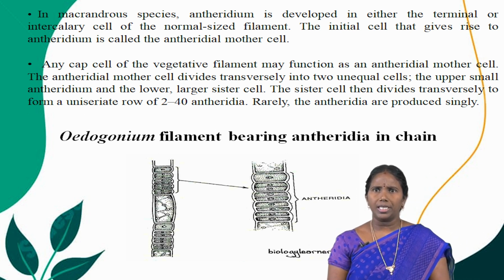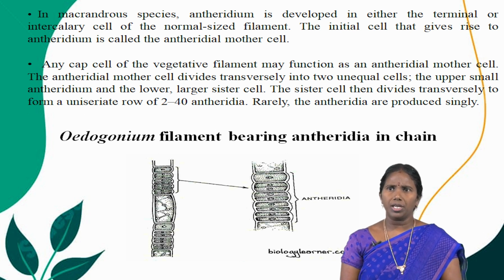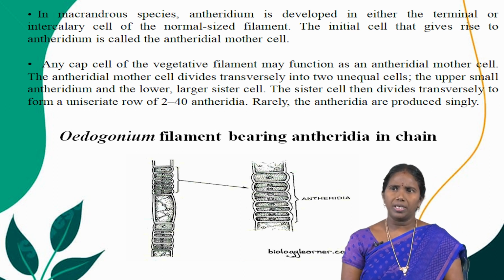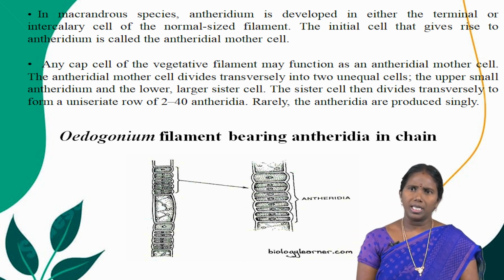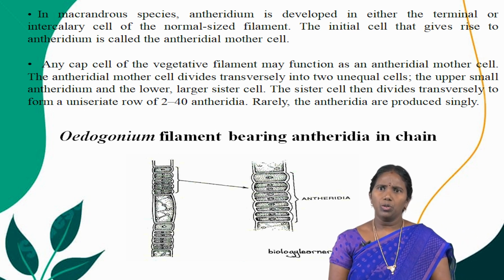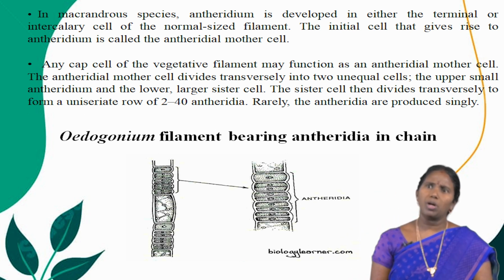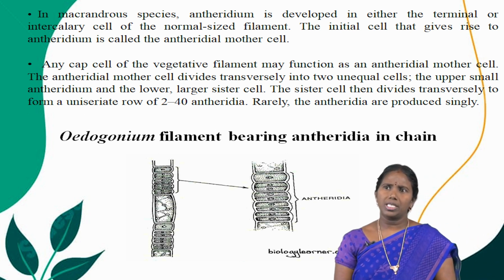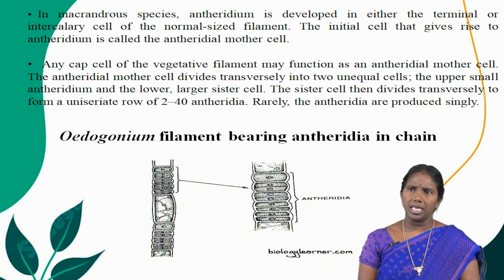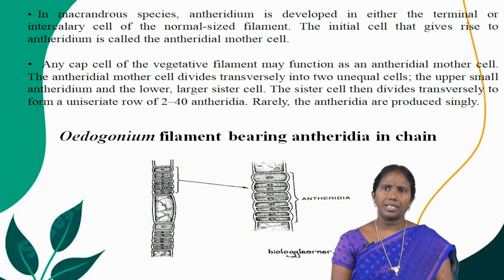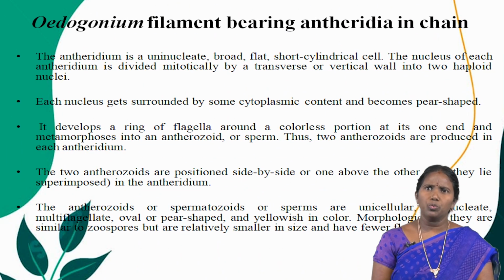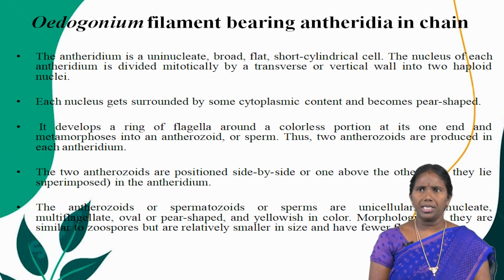The initial cell that gives rise to the antheridium is called the antheridial mother cell. Any cell of the vegetative filament may function as an antheridial mother cell, and the antheridial mother cell divides transversely into two unequal cells, the upper small antheridium and the lower sister cell. The sister cell divides transversely to form uniseriate rows of 2 to 40 antheridia. Rarely, antheridia are produced singly. This slide shows an Oedogonium filament bearing antheridia in a chain.